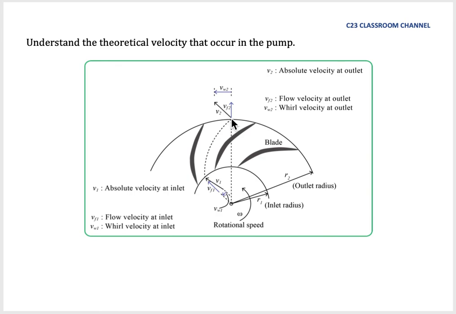So this is the resultant velocity, so it must be a closed loop. So this is the VF2 here, and this is the V2. So these two velocity components must close loop the resultant velocity. Also here, they must close loop the resultant velocity.